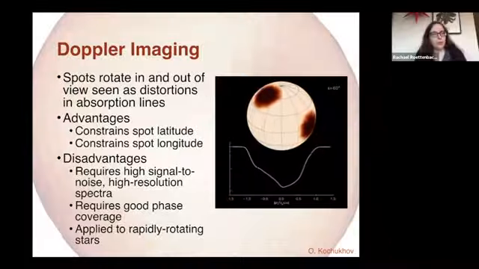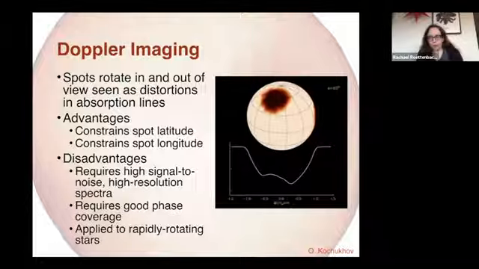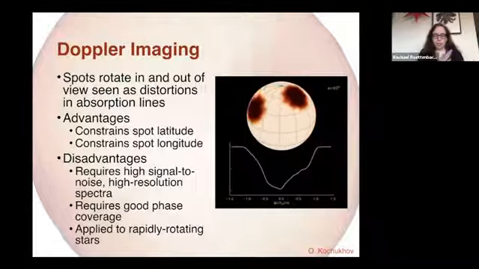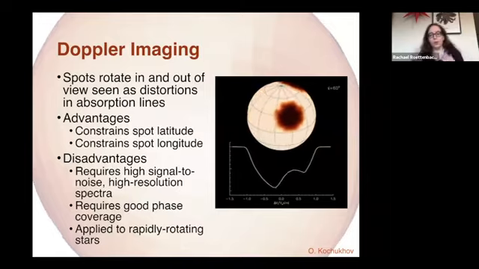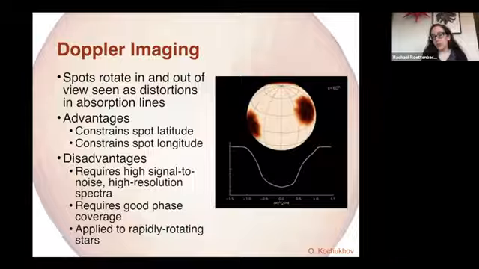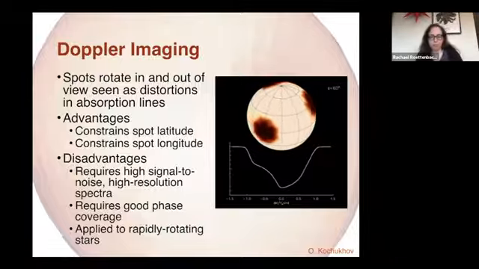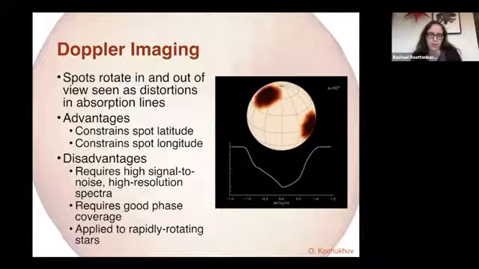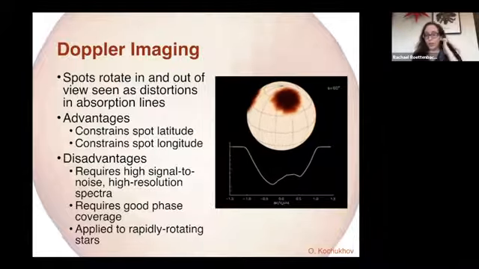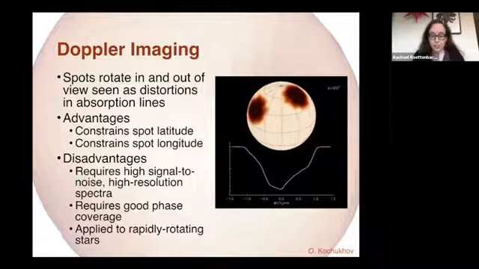And we also require that our stars be rotating pretty rapidly in order to be able to see the spot moving across the absorption line, to be able to know that the spot isn't evolving as it's doing that, and to be able to get some resolution to our image. So now we're starting to really narrow down the number of stars that we can actually apply this imaging technique to.